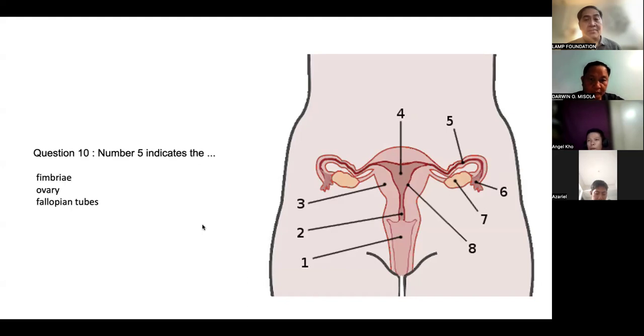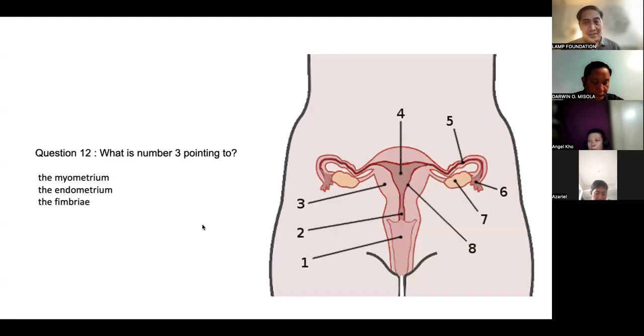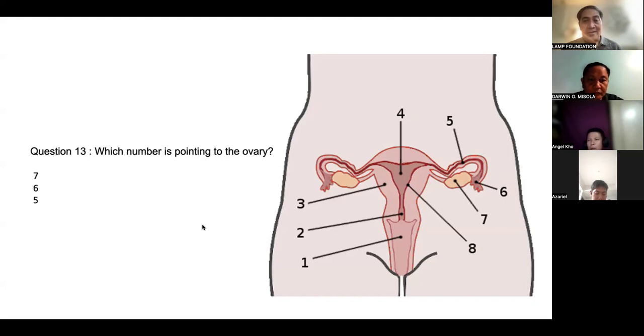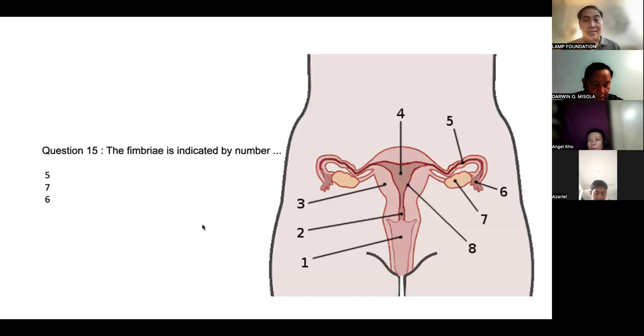Number 5 is the fallopian tube. The cervix is number 2. Number 3 is the myometrium. The ovary is 7. Number 1 is the vagina. The fimbriae is number 6.